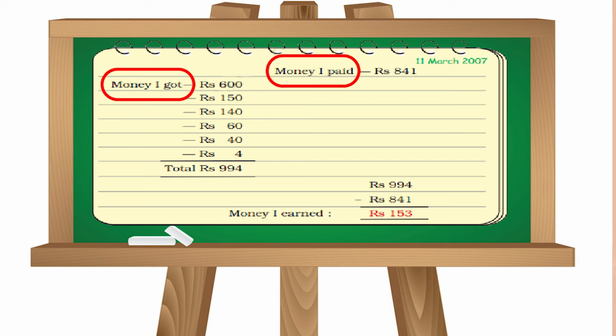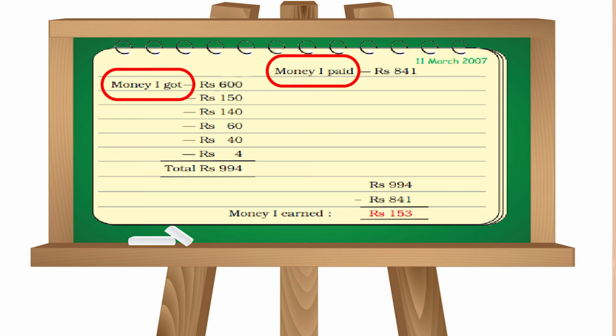So, she has paid here 841 rupees, and the money she got in terms of various currencies she has documented and totaled up, and as per her diary, she has got 994 rupees. The money she paid is 841. So, did she make a profit on this day?